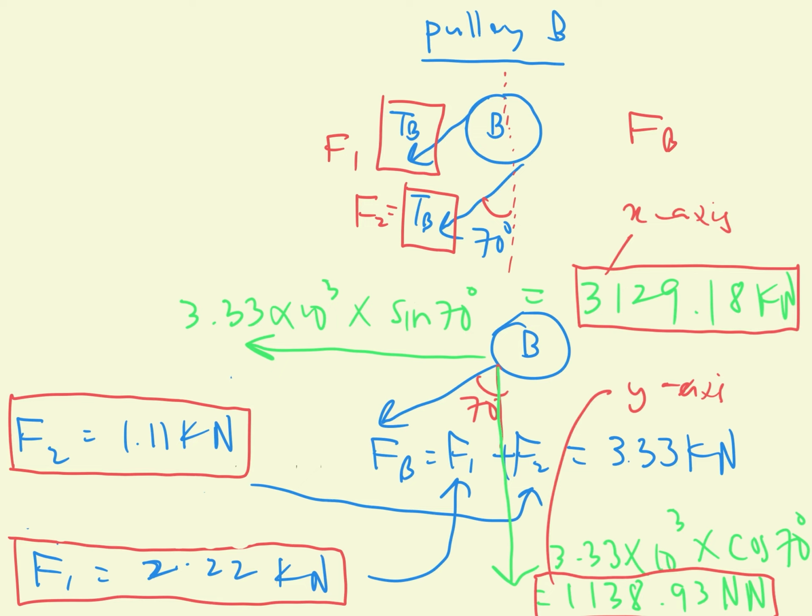We will put these values of tension at pulley B on the x-axis and y-axis on the free body diagram previously. Sorry, this is not kilonewton but only newton, and this is also not kilonewton but newton.